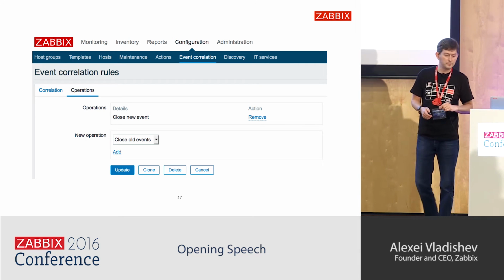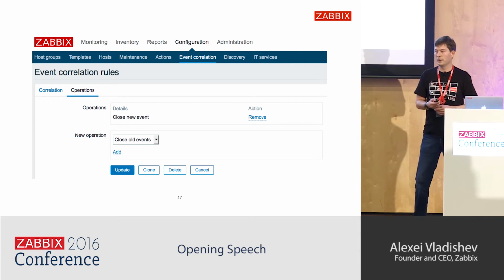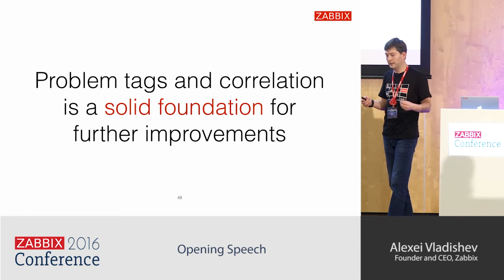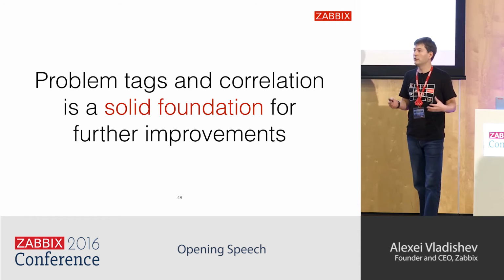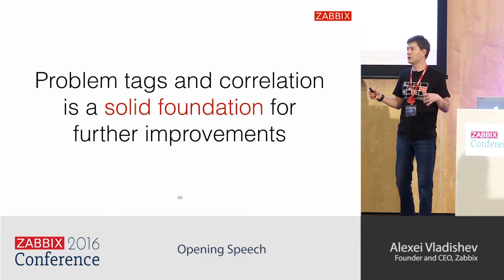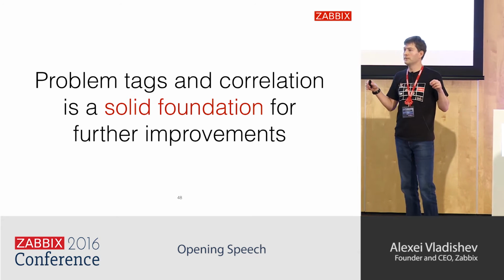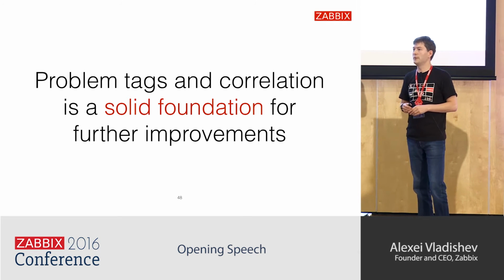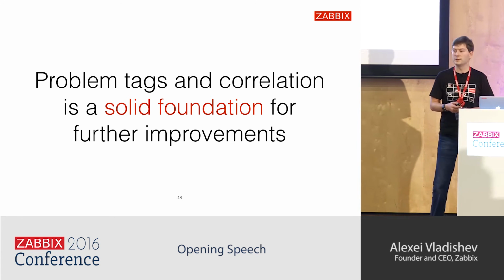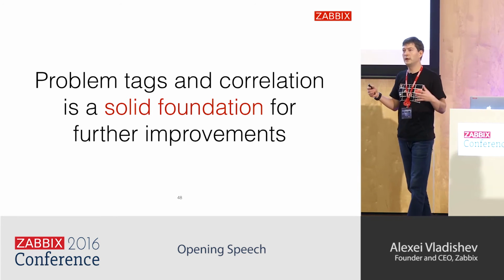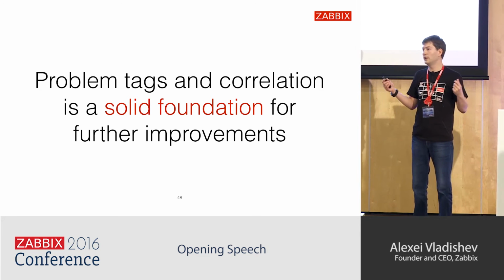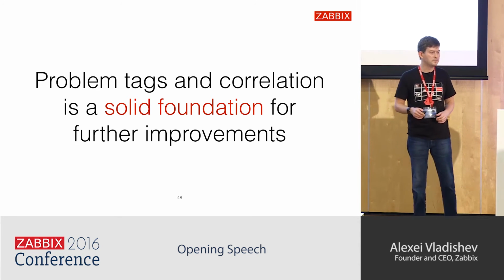What's important here is that I really believe that support of event tags, the correlation on trigger level and a global correlation is a very, very solid foundation for further improvements in Zabbix. It's a very nice thing. We already have many ideas how other parts of Zabbix could be improved if we take advantage of event tags.